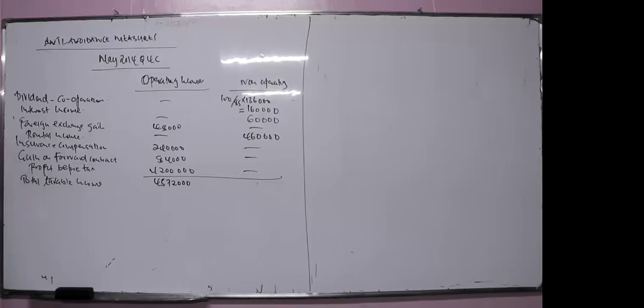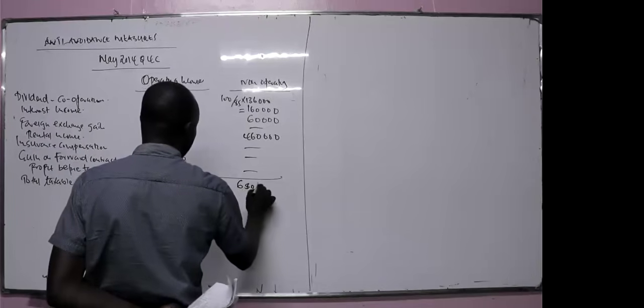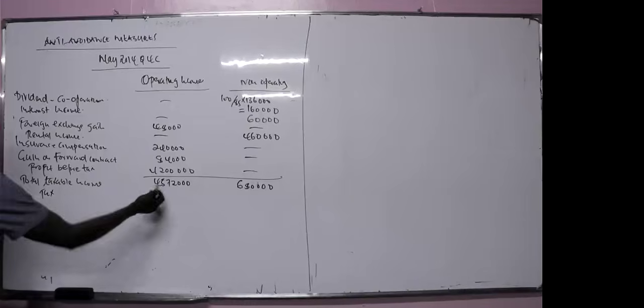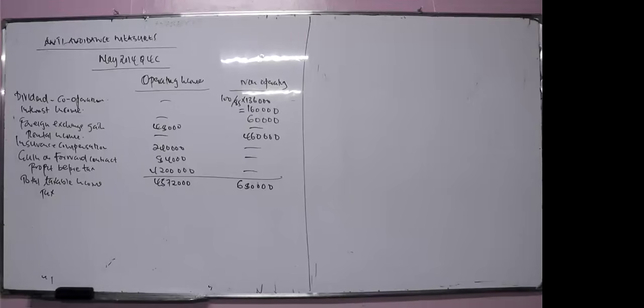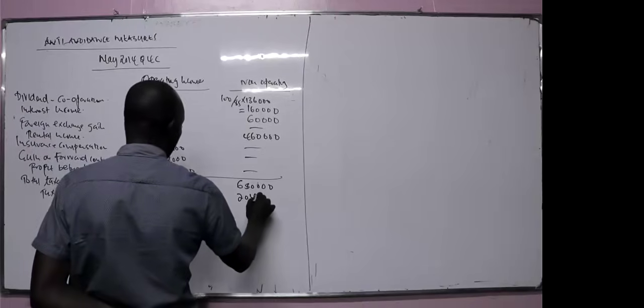This other one, 680. Then tax at 30%. 204,000.